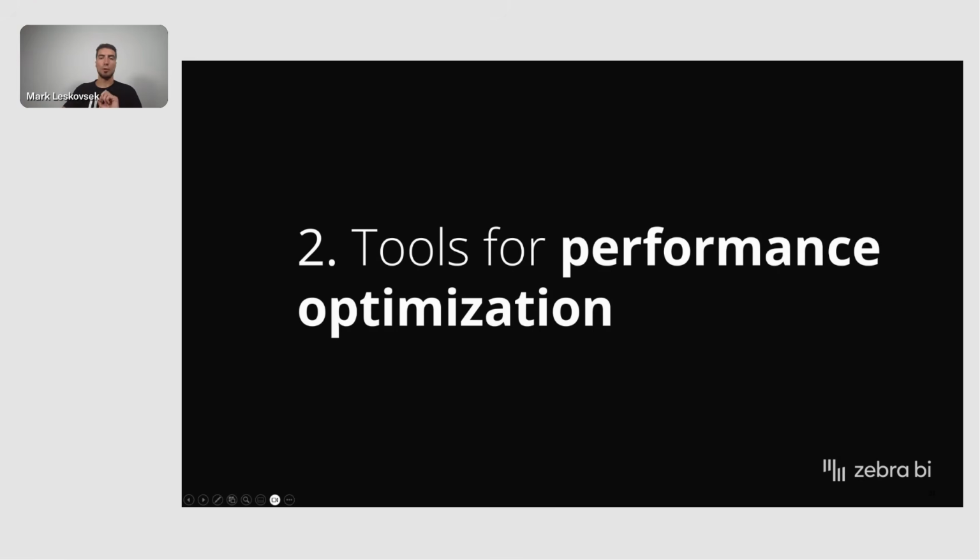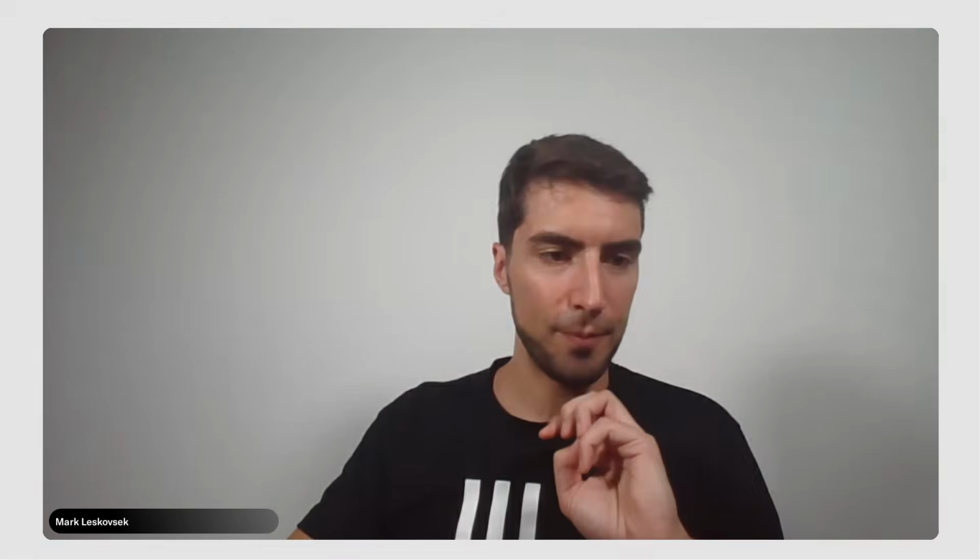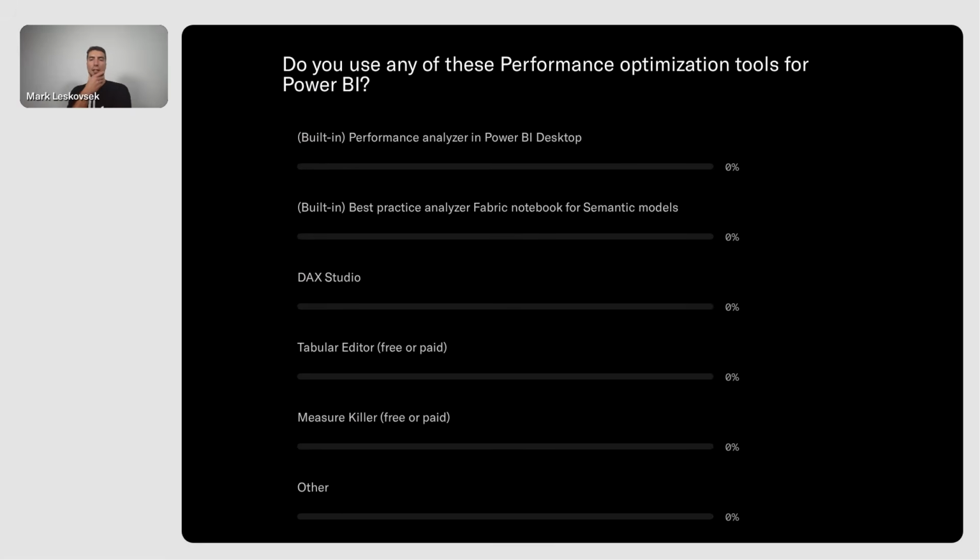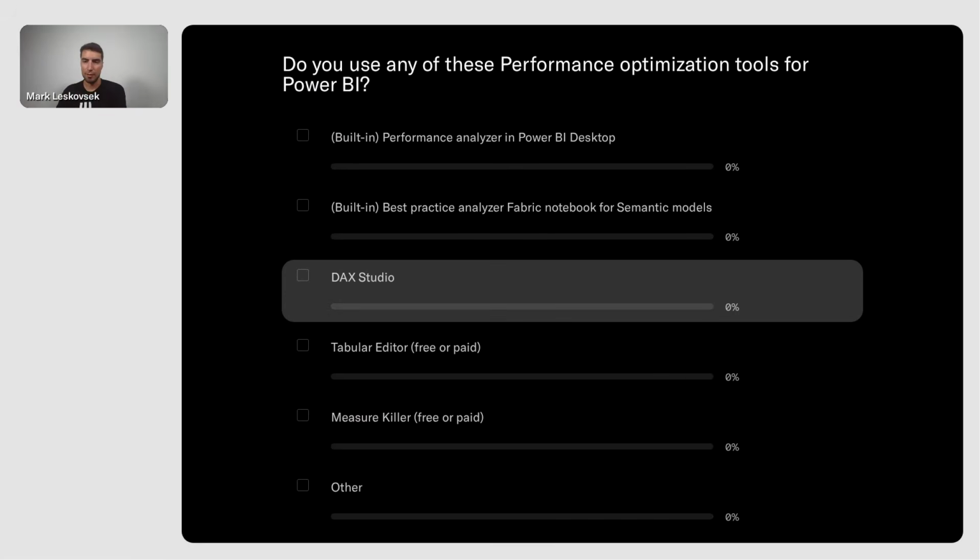Now, before I jump into the tools for optimization, we also have another poll for you. So I'll just, again, give the screen back to my colleagues here, so we can see how familiar you are with the tools that we are using. The question is, do you use any of these performance optimization tools within Power BI?